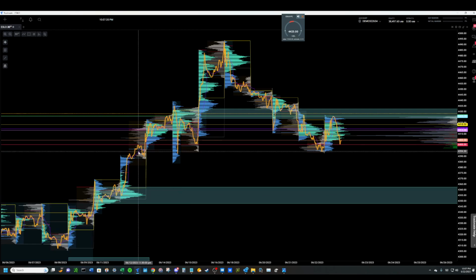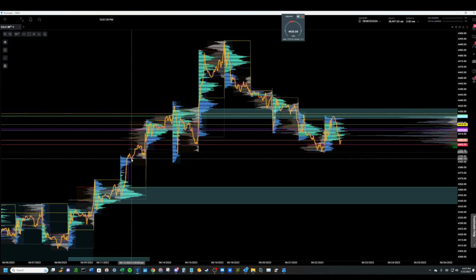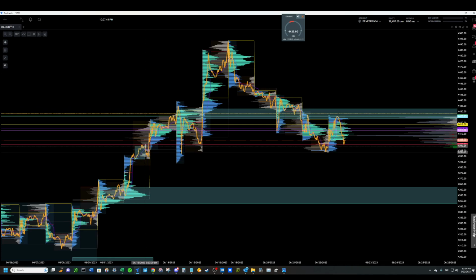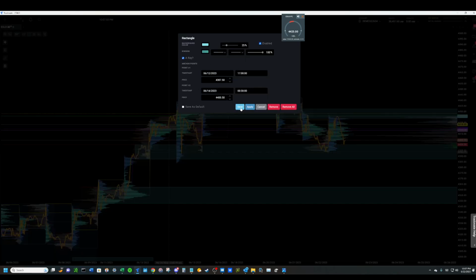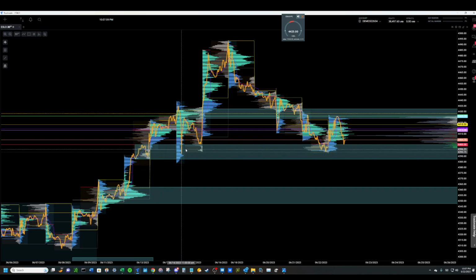You have this right here, and you've got that right there also. It's another potential thing. See, there's a volume node.